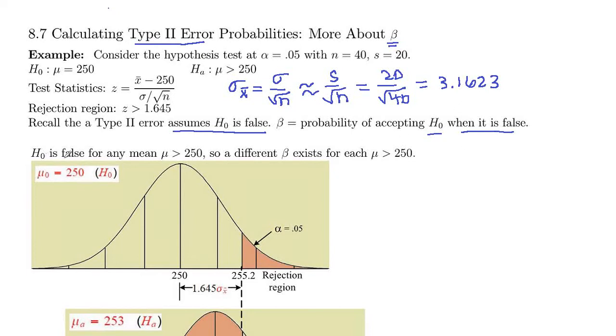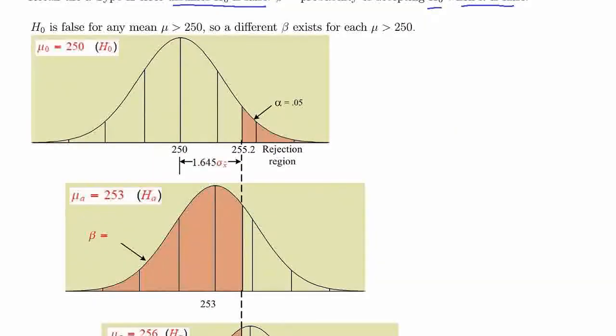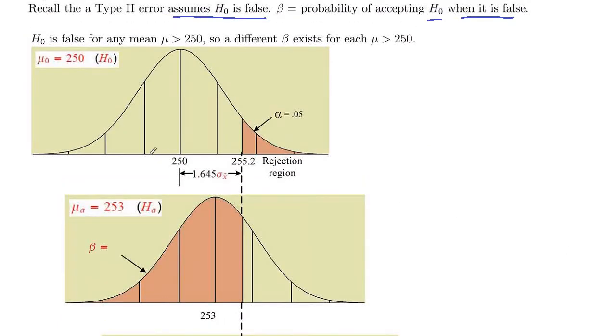So since H0 is false here, for any mean that's greater than 250, a different value of beta is going to exist for each one of those means greater than 250. So if the null hypothesis were true, then our mean at the middle of our sampling distribution would be here at 250.